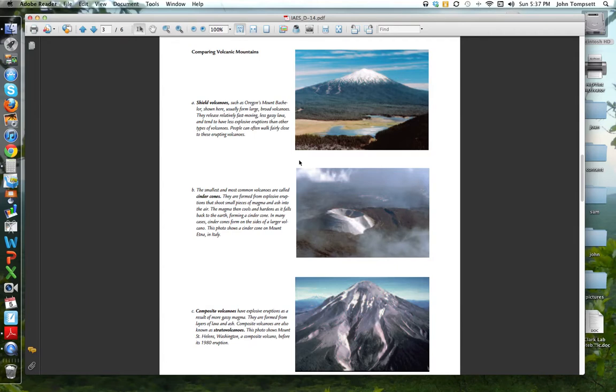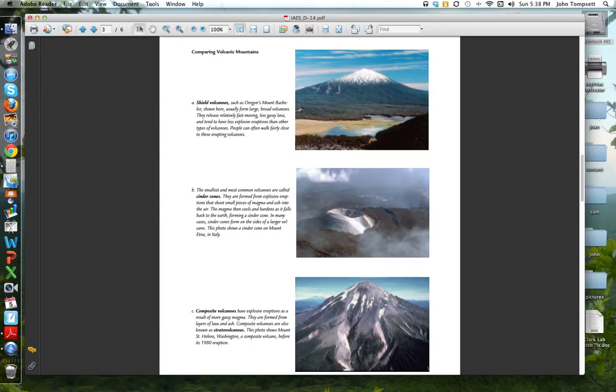The next one it talks about is cinder cones. The smallest and most common volcanoes are called cinder cones. They are formed from explosive eruptions that shoot small pieces of magma and ash into the air. The magma then cools and hardens as it falls back to the earth, forming a cinder cone.